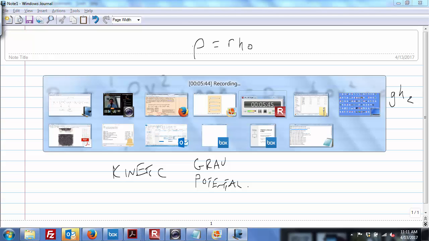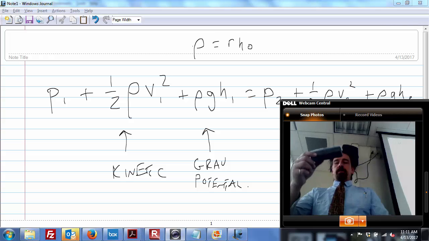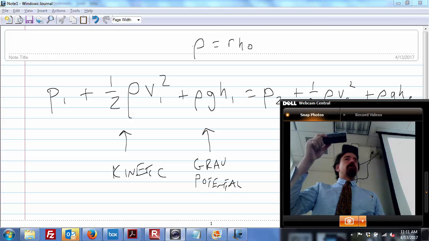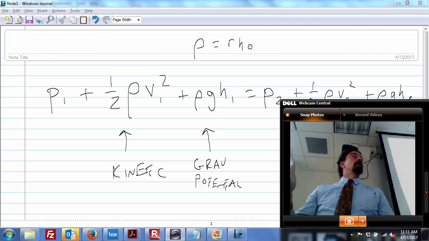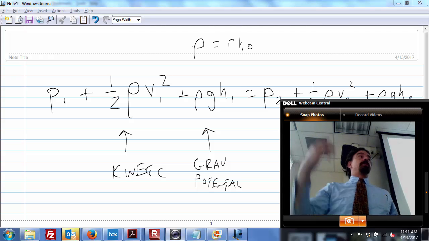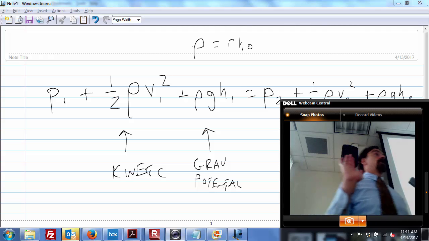And again, using the same very simple example, right now, the eraser has a certain amount of gravitational potential energy. I release it, it loses that potential energy and it becomes kinetic. Okay, so we're familiar with those two types of energy.